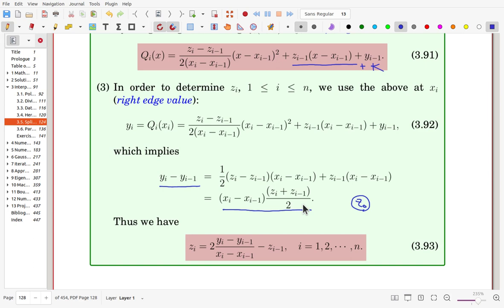Either way you can do that. Here we assume z0 is given. Then by using this recursive formula, you can decide every z value. Once you decide the z values, that is the formula for the quadratic spline. For each subinterval, by using the z values and the point values, you can decide the quadratic spline completely.